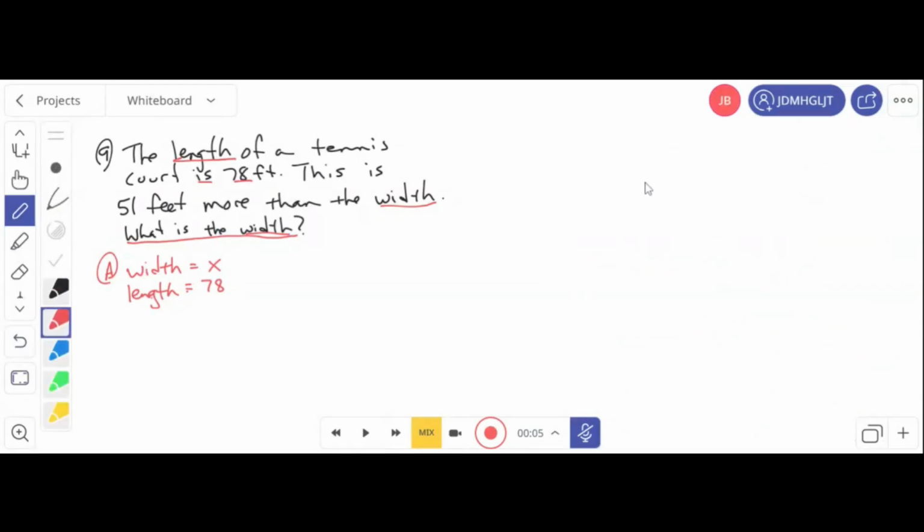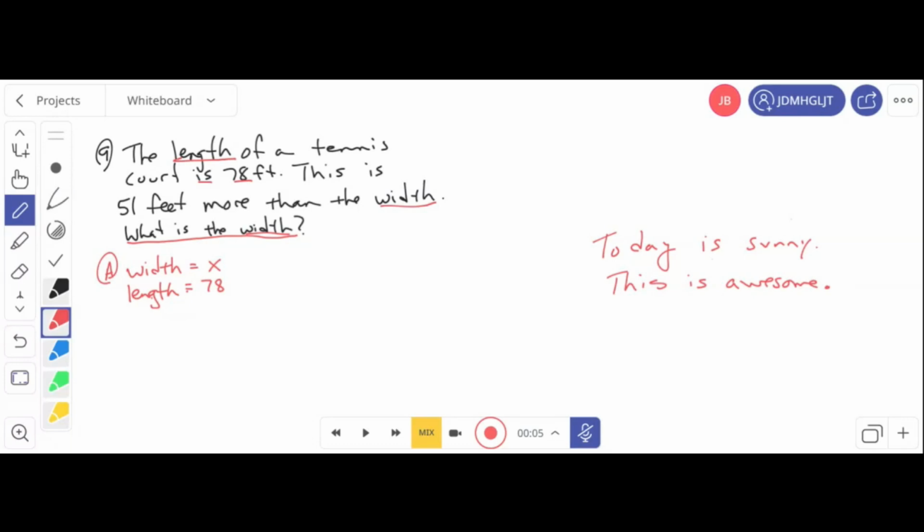Let's talk about something for a minute. Need to introduce a new word that is going to appear in a lot of your word problems.